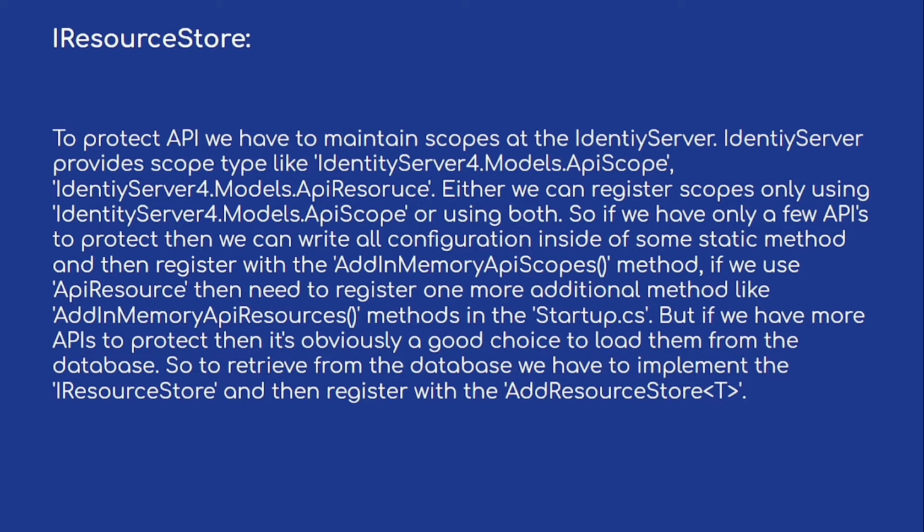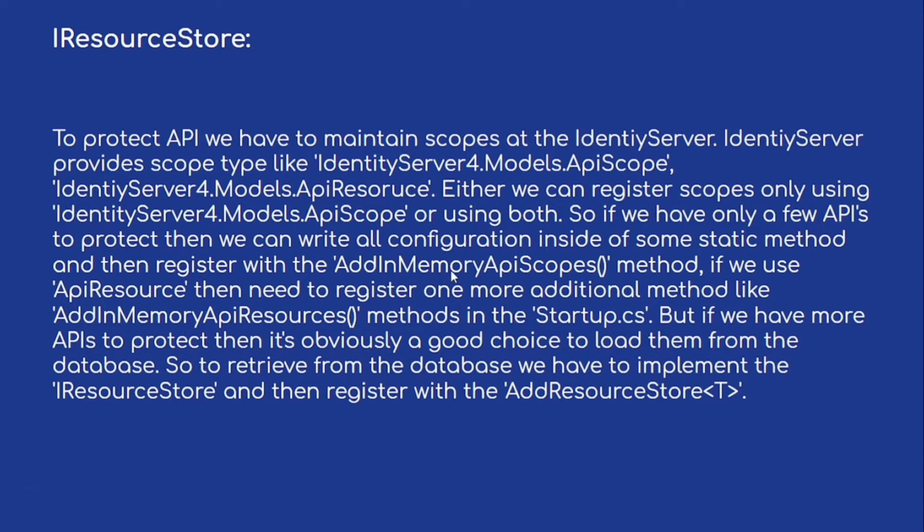If we have only a few APIs to protect, then we can write all configurations inside some static method that I have already shown, and then register with AddInMemoryApiScopes. Every type will have its own in-memory extension method provided by Identity Server. If you use API resources, then we need to register one more method like AddInMemoryApiResources.